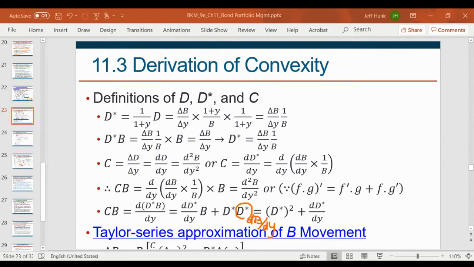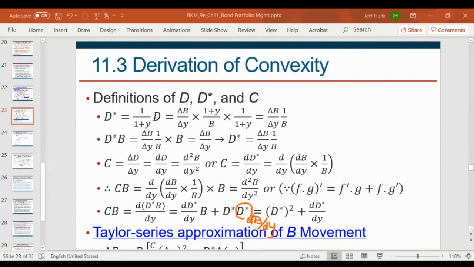In our last video, we basically discussed what convexity is and why it is needed, and how it is related to duration, and by association, it is also the second derivative of the bond price.